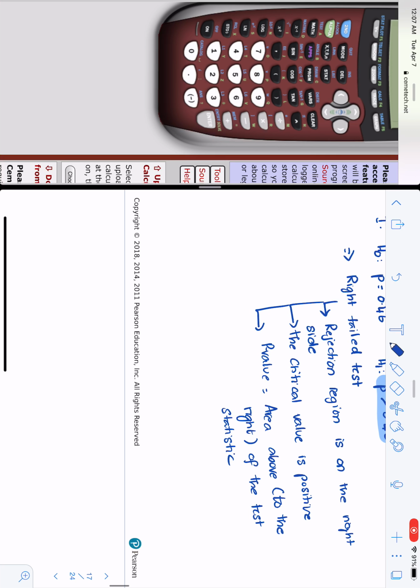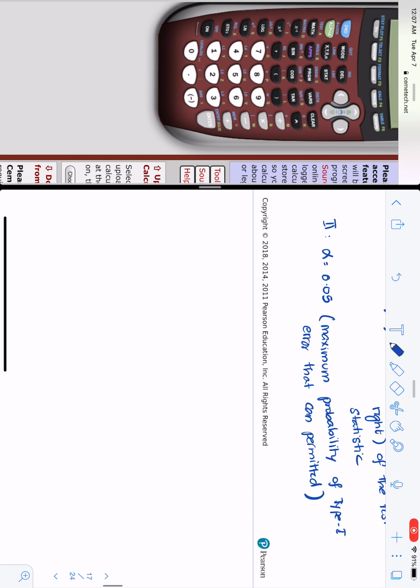So the second step is to look at the value of alpha, and alpha is 0.05, and that would be the maximum probability of type 1 error that can be tolerated or permitted in this test. The next step is to find the test statistic.